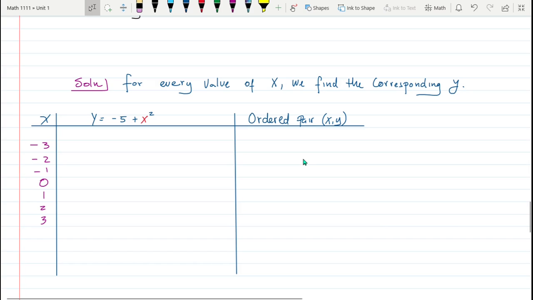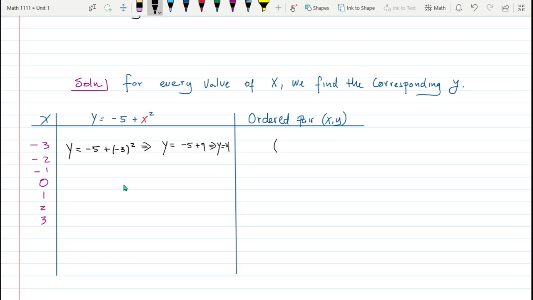So we'll begin. We have y equals -5 plus -3 squared. So we don't know what y is, but we're going to find out in a second. So let me move that here so that we have some room to work. And so y is going to be equal to -5 plus 9, and we get that y equals 4, right?